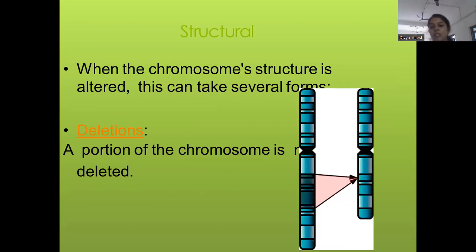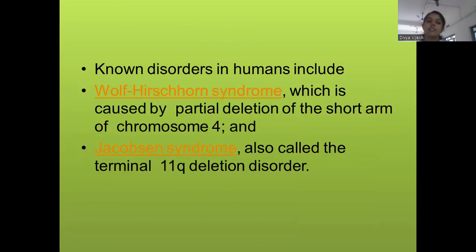Coming to structural abnormalities of chromosomes, when the chromosome structure is altered, this can take several forms. One is deletion, where a portion of the chromosome is deleted. In many syndromes we can see this.